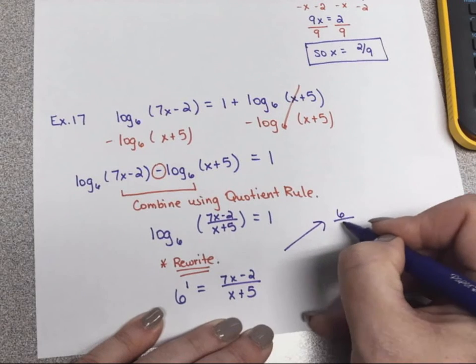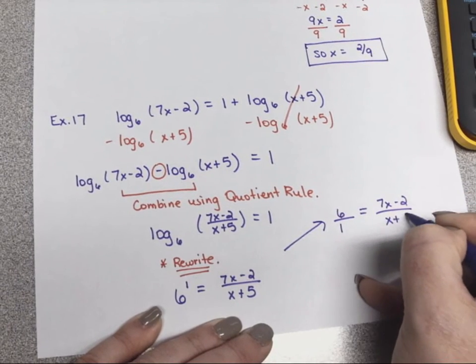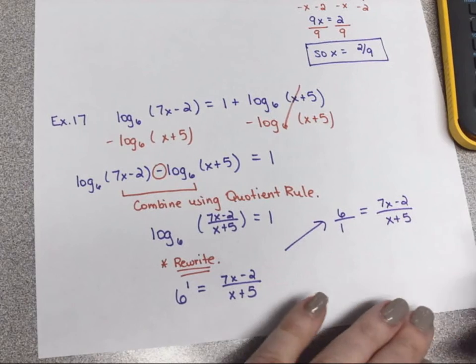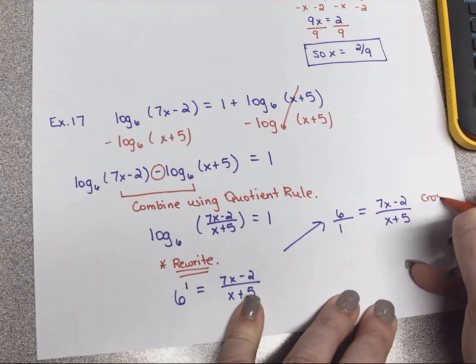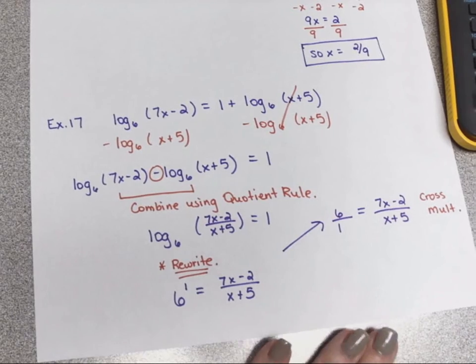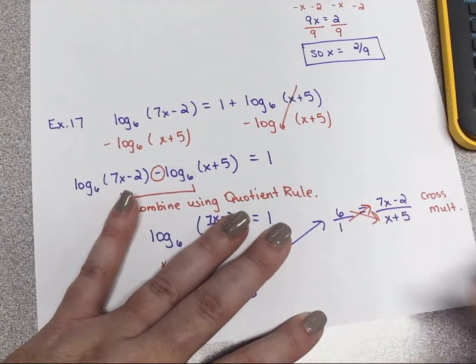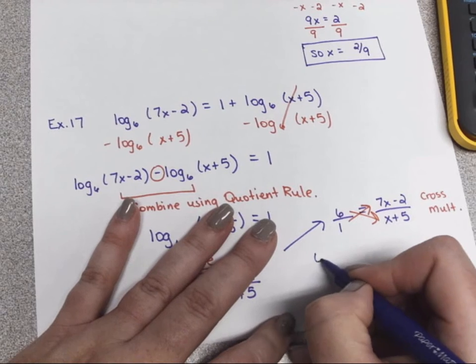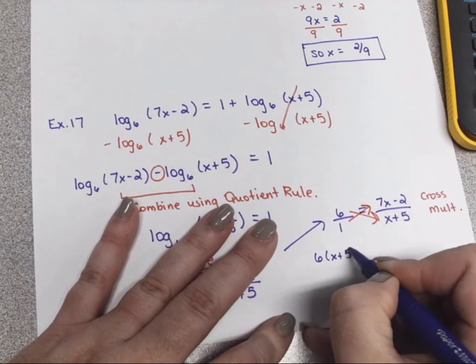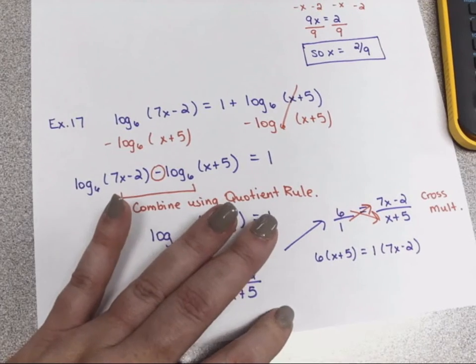This is essentially 6 over 1 equals (7x minus 2) over (x plus 5). So just one more time, what method do I want you to use here? Well, yeah, we use quotient, but I'm saying to solve it from here on out, we want to cross multiply, right? This times this equals that times that. So we get 6 times x plus 5 equals 1 times 7x minus 2.